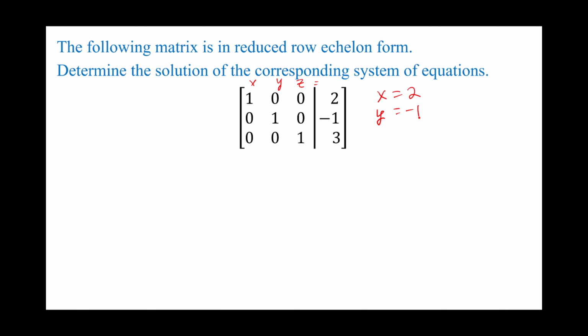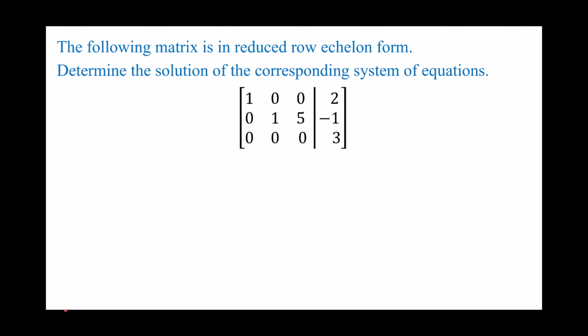And the third row says 0x plus 0y plus 1z equals 3. So the solution is the point 2, -1, 3. Notice that this matrix is in reduced row echelon form. So if the matrix is in reduced row echelon form, then the 2, -1, 3, that last column, is your solution to the system of equations.